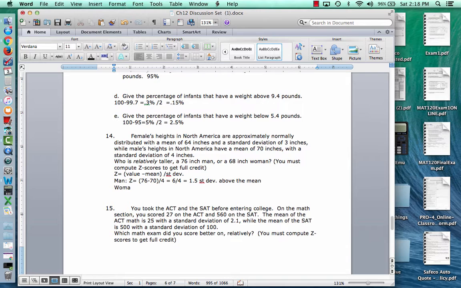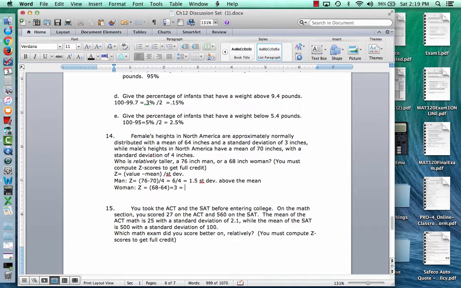The woman is 68 inches, so she's taller than average too. She's 4 inches taller than the average, but the standard deviation for women is 3 inches.